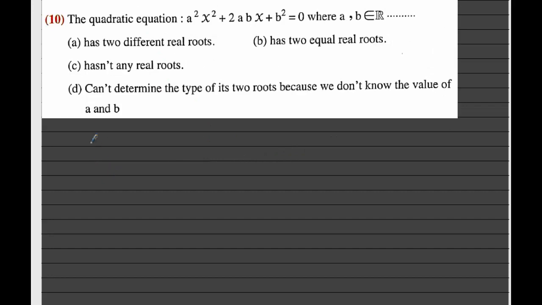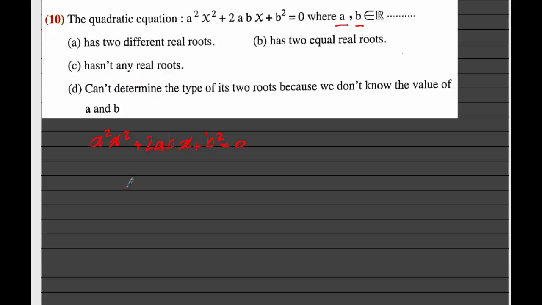Question number 10. The quadratic equation a square x square plus 2abx plus b square equals 0, where a and b belong to real numbers, has two different real roots, has two equal roots, hasn't any real roots, can't determine the type of it.